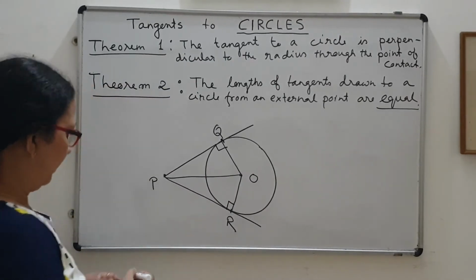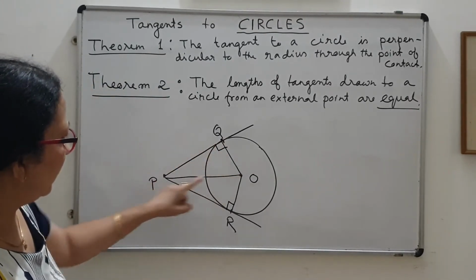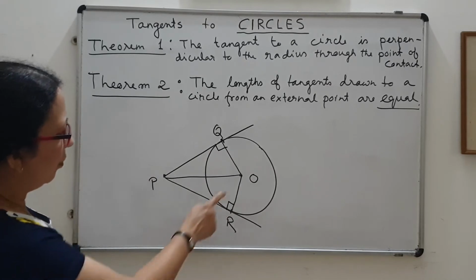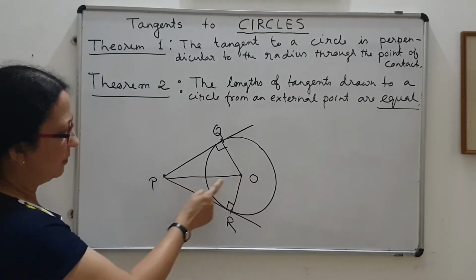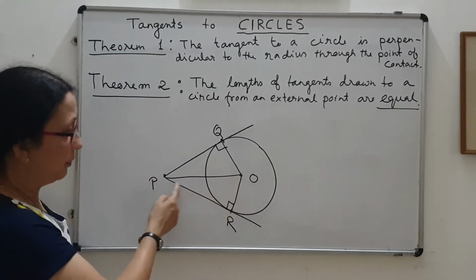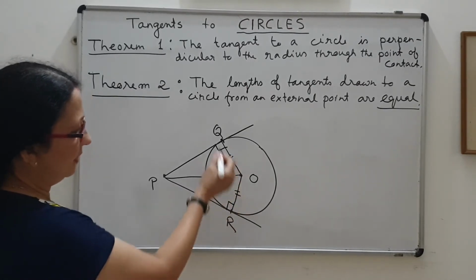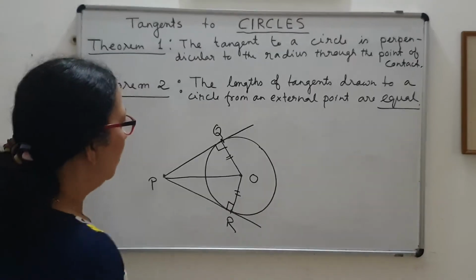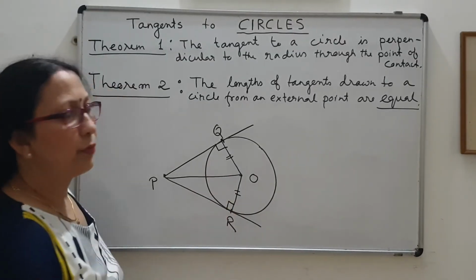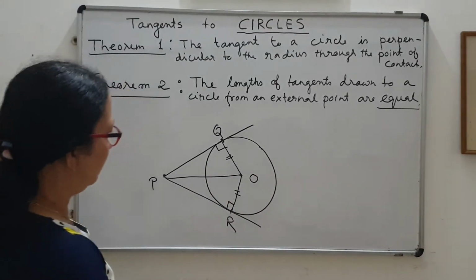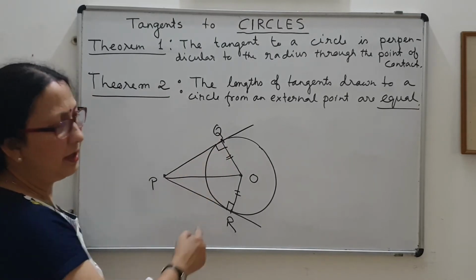Then what we find in these two triangles OQP and ORP, you see OP is the common hypotenuse. For both the triangles, OP is the hypotenuse, and OQ is equal to OR. They are radii of the same circle. So these two are congruent by RHS. So by CPCT, PQ will be equal to PR, hence proof.